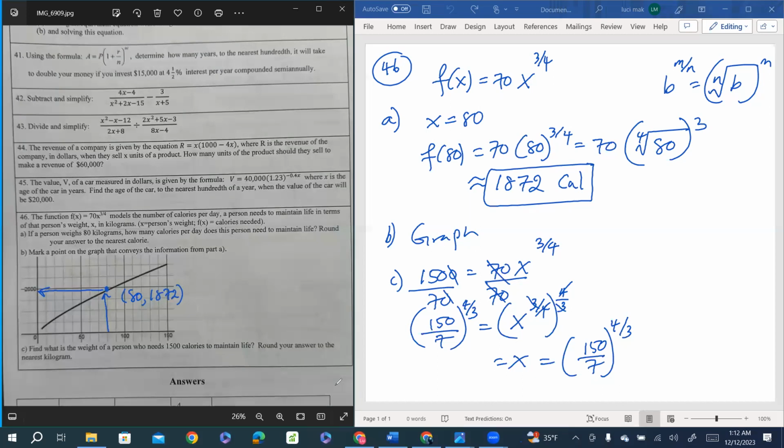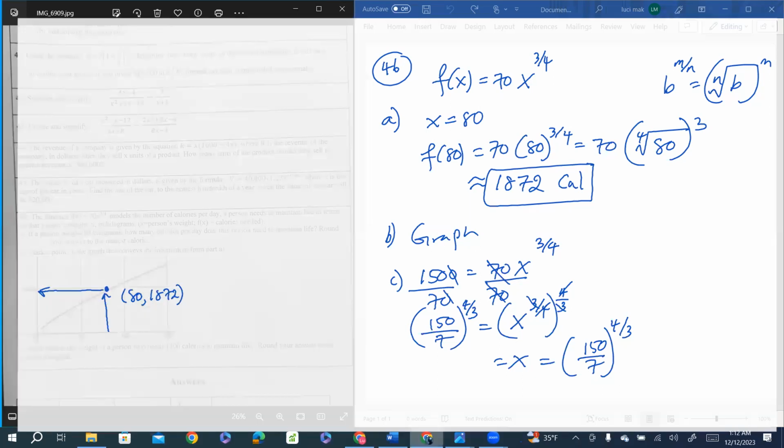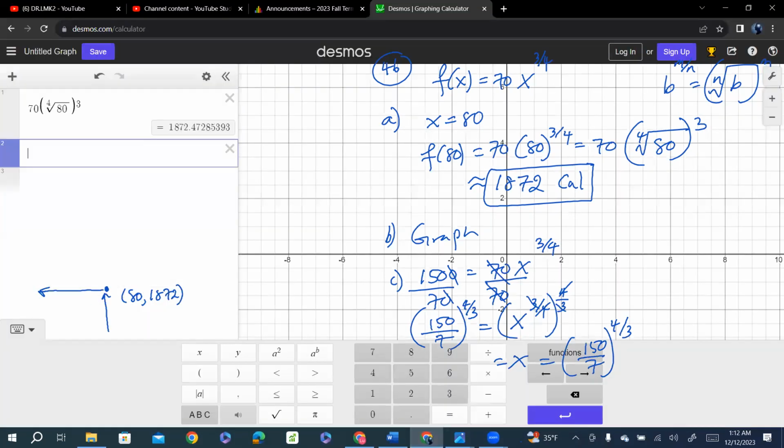Let's see what we get. I'm going to put parentheses, then 150 divided by 7, close the parentheses. Let me do it again. I need to come out first and then close the parentheses, to the power of, another parentheses, 4 divided by 3.